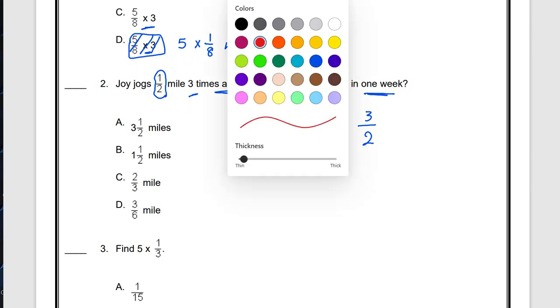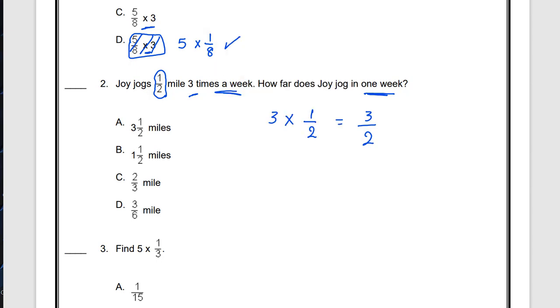Let's write it as a mixed number. 3 divided by 2. Again, 3 divided by 2 equals. We are doing long division, right? 1. Okay, so 1 and 1 times 2 is 2. Subtract.